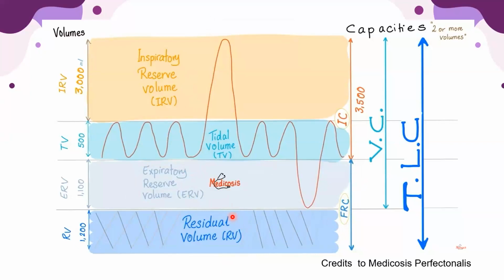They're at rest, breathing normally, not exhaling maximally. So the volume of air inside their lungs is the expiratory reserve volume plus the residual volume, and that's functional residual capacity. Total lung capacity is all of these volumes, as you can see here.